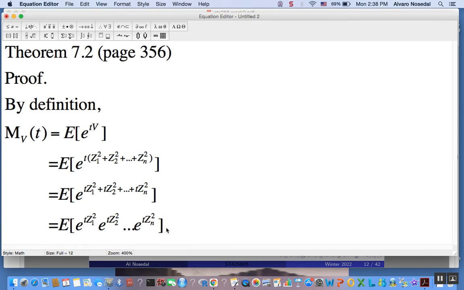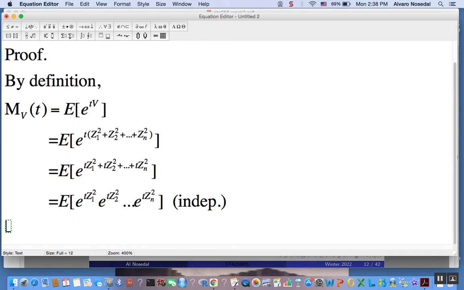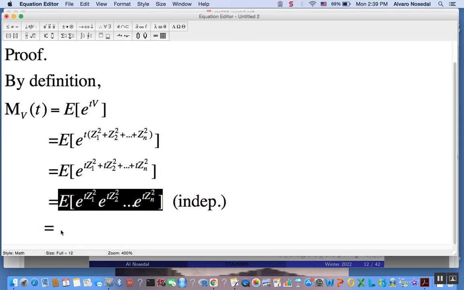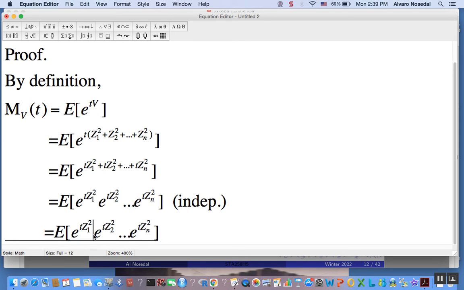Now, we know that these are IID, independent and identically distributed, but the important part here for us is the independence. Since they are independent, the expected value of the product is the product of expected values. So we get to rewrite this like this.